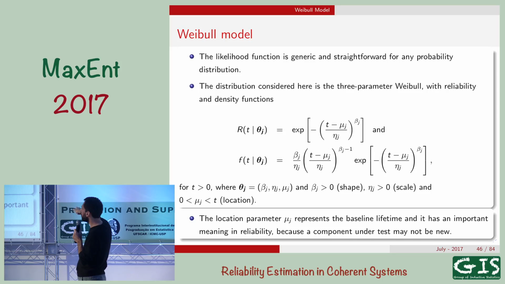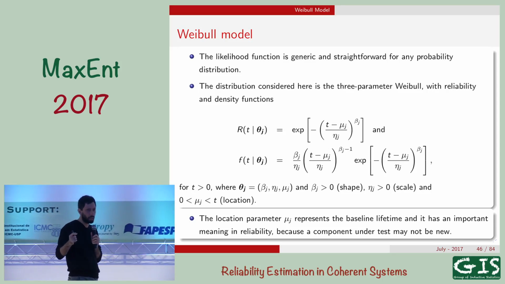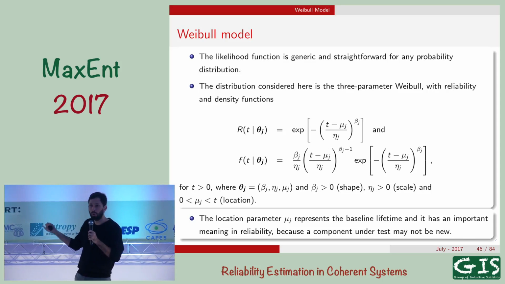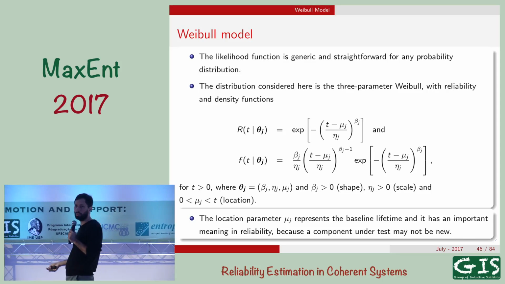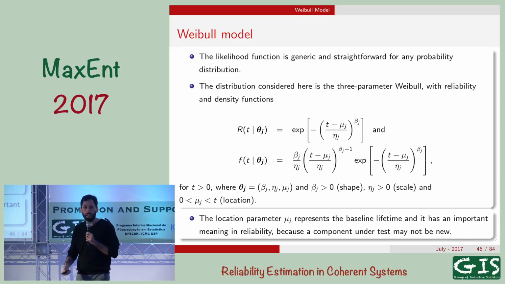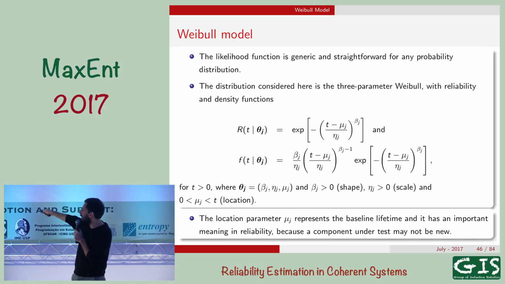With this kind of parameterization of the Weibull model, we can prove that we have approximations for normal distributions, logistic distributions, gamma distributions, and log-normal distributions. So the Weibull model has a simple structure. We can write the reliability in a really simple way.